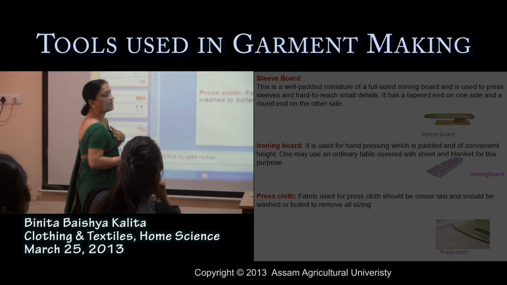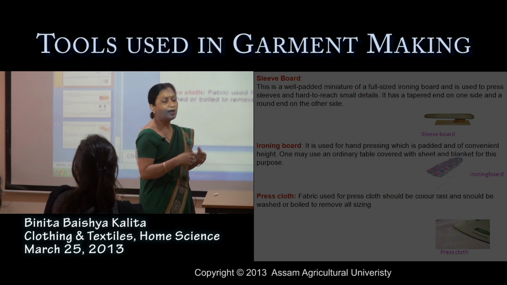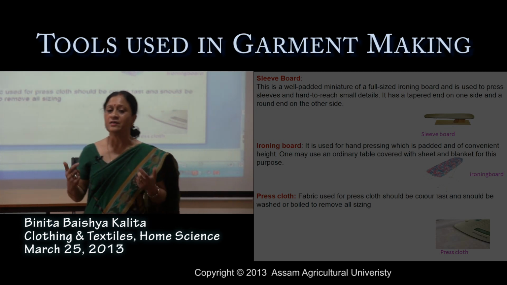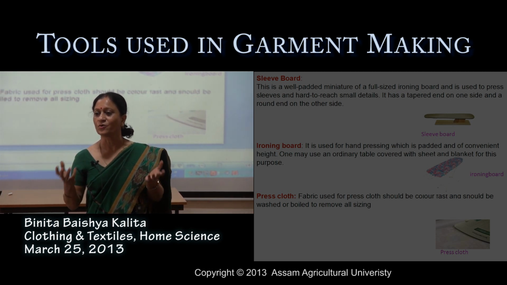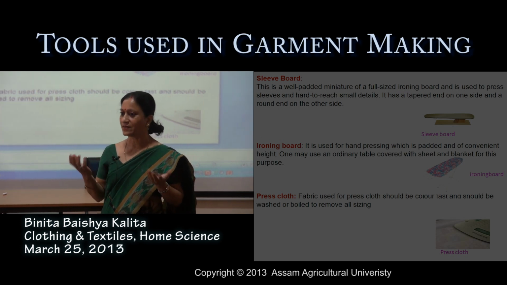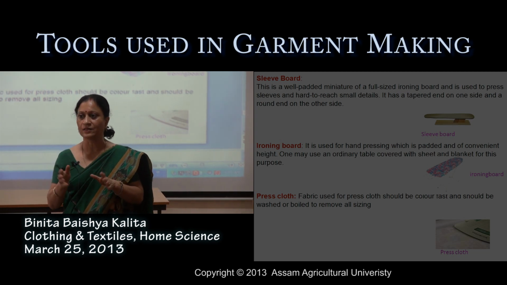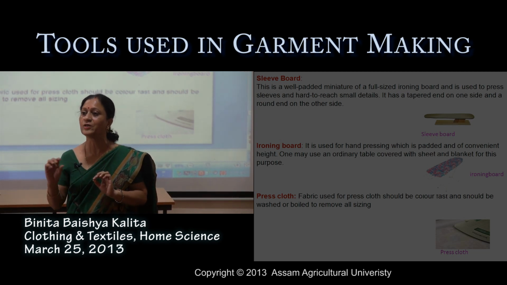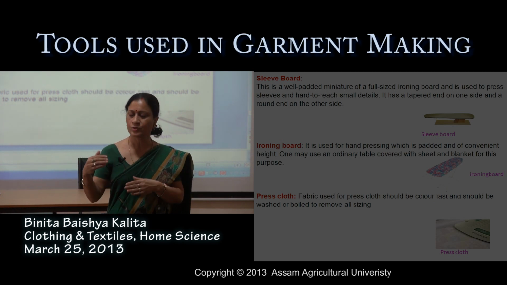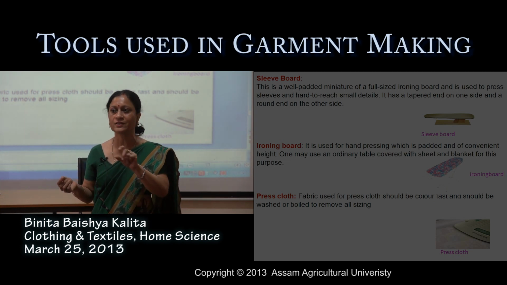Then the press cloth. This press cloth is also important while you do the ironing. Actually, we don't use a press cloth in our homes, and that's why there are more chances of damaging the material. Sometimes, for a synthetic fabric, you have to put the regulator of the iron on synthetic.